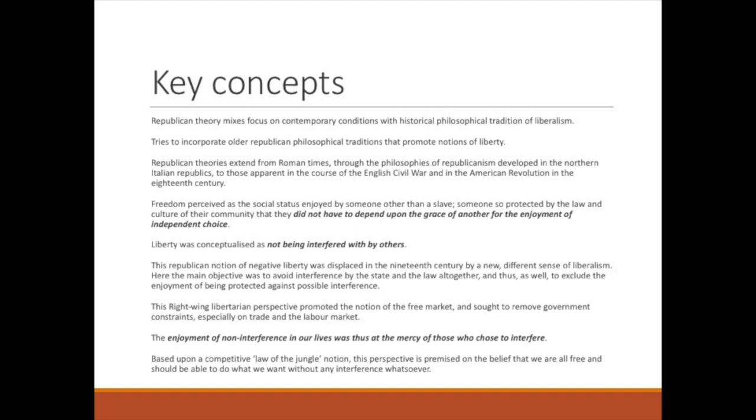This relates to a long historical strand of ideas around notions of liberty. This strand can be traced through Roman times, through to the English Civil War, to the American Revolution, and so on. Freedom is perceived as a social status that someone enjoys, someone who isn't a slave, right?